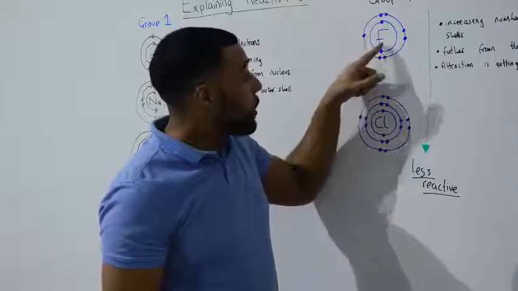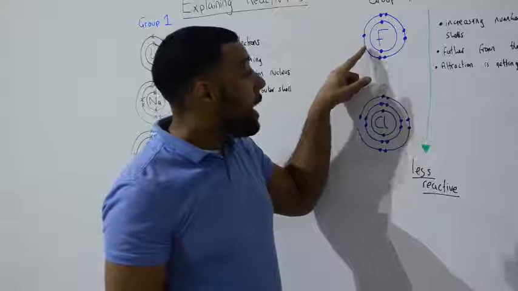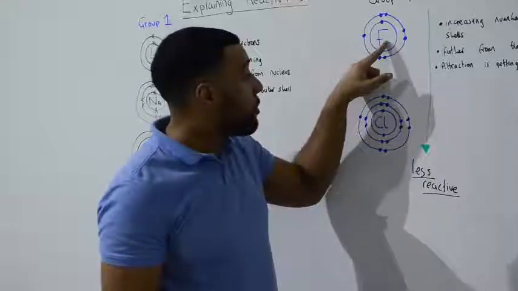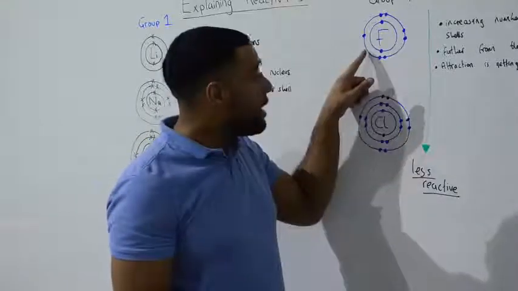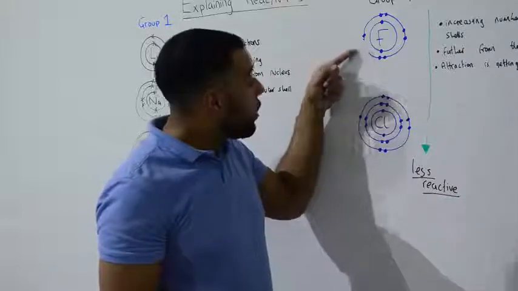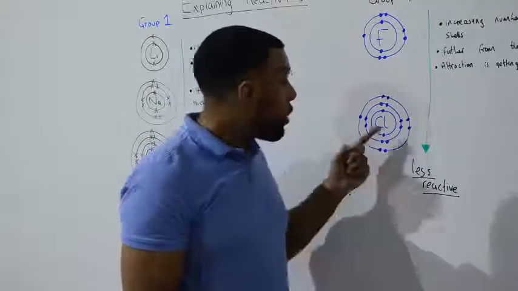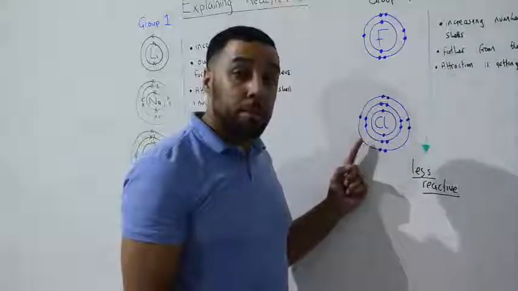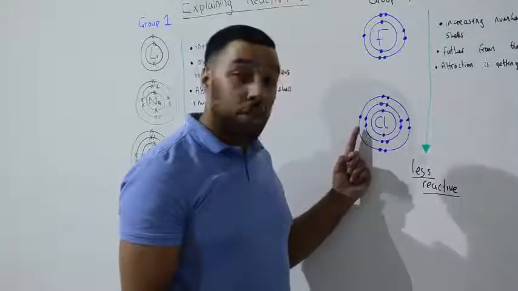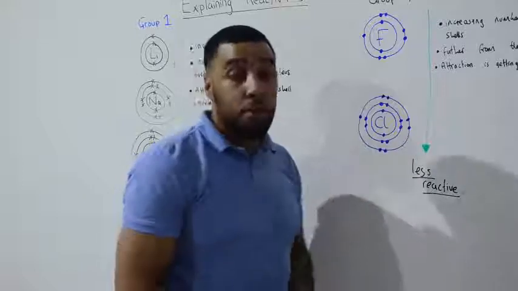The force of attraction from the nucleus and the outer shell is much stronger in fluorine, so it can easily gain an electron. But as we go down the group, that attraction is getting weaker. Chlorine cannot accept the electron in its outer shell as easily as fluorine can.